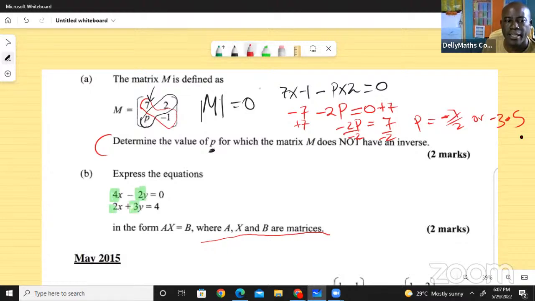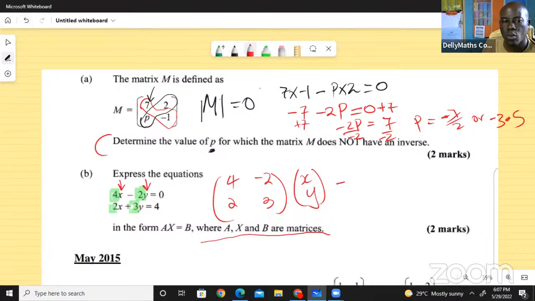So what we have is [4, -2; 2, 3] times [x; y]. Whichever variable comes first goes at the top, so the x always comes before the y. And this is equal to [0; 4].